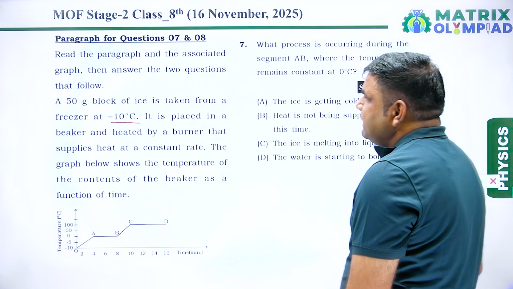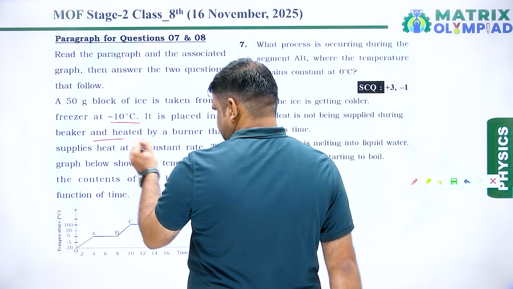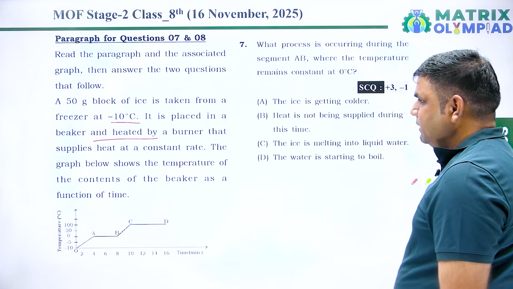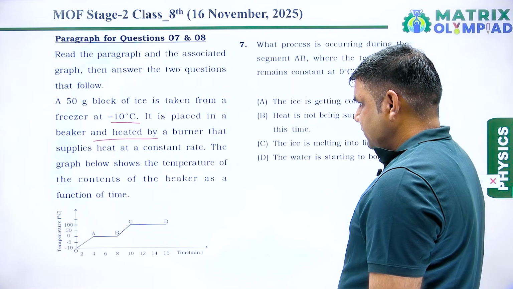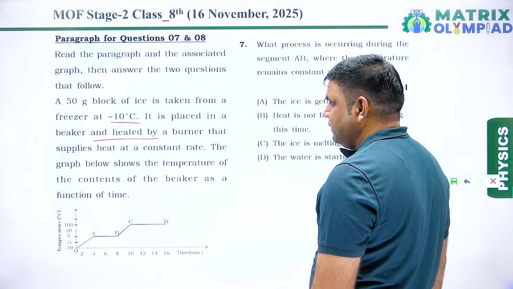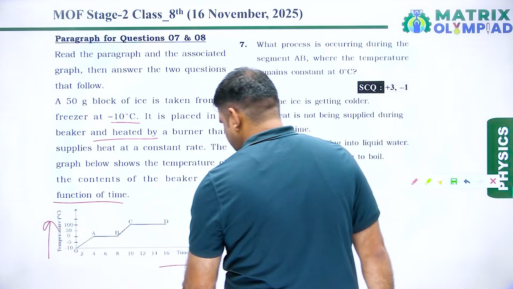It is placed in a beaker and heated by a burner. This is a heating graph that supplies heat at a constant rate. The graph below shows the temperature of the contents of the beaker as a function of time. So this is a temperature and time graph.